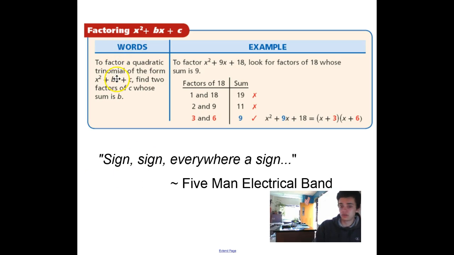To factor a quadratic trinomial in the form x squared plus bx plus c, find two factors of c whose sum is b. This is really the next step. After you find your terms that multiply together to equal c, you're going to see which ones add up to equal b.